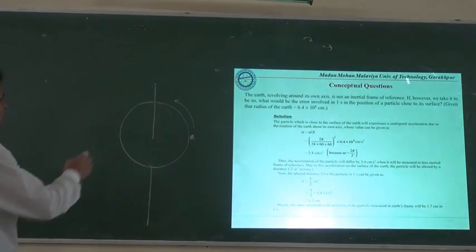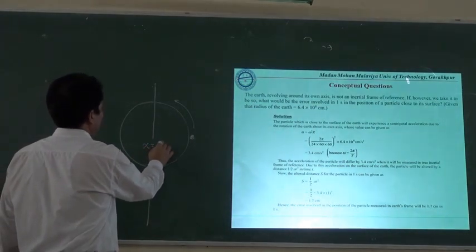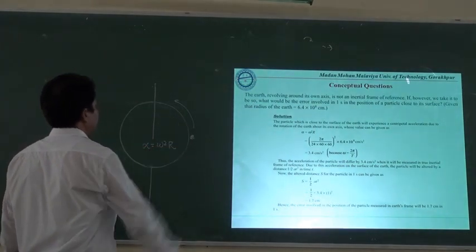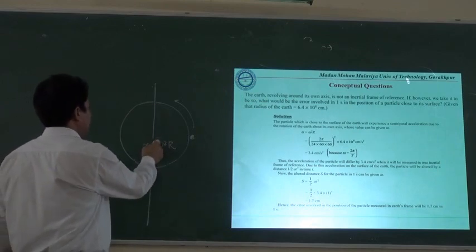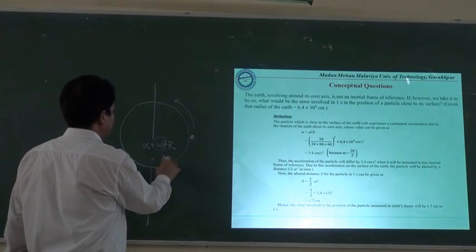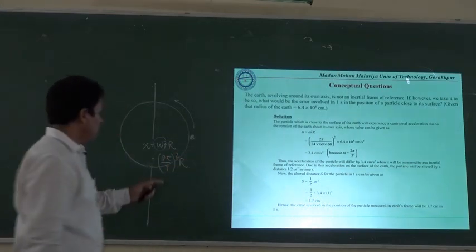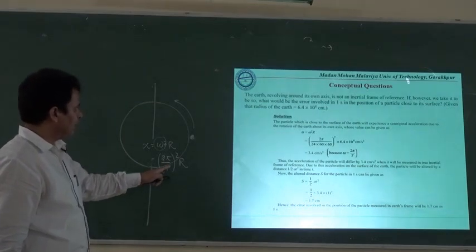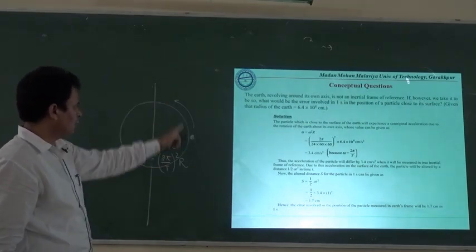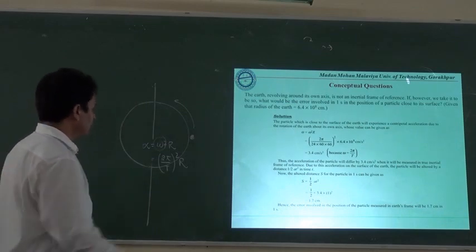That angular acceleration alpha can be given as alpha is equal to omega square into r. This omega square can be given as 2 pi upon T whole square multiplied by r, and this T is the time period in which this Earth rotates about its own axis, that is 24 hours.